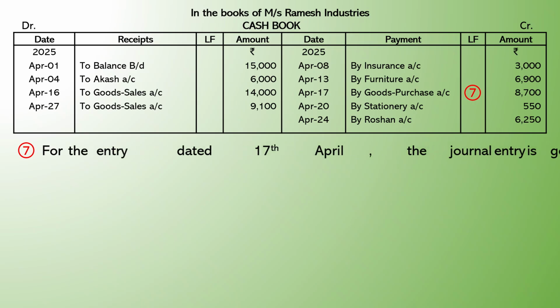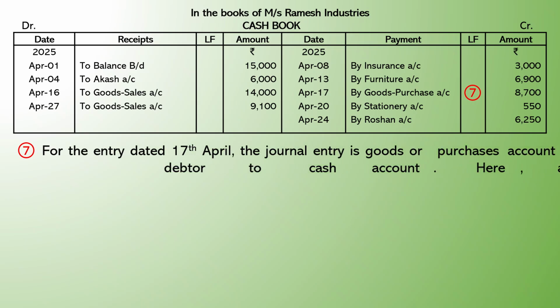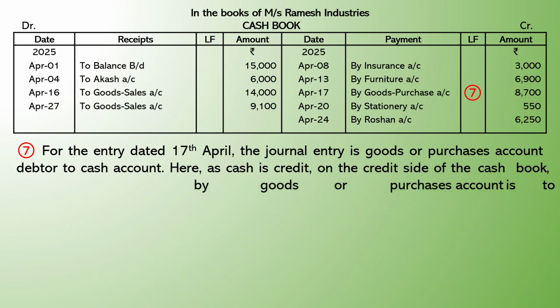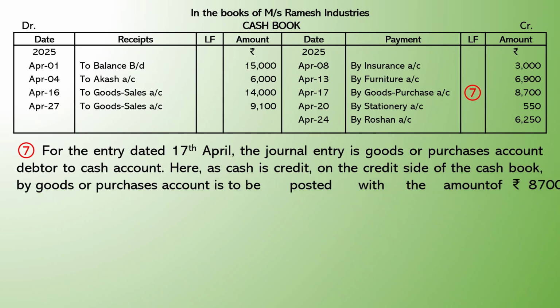For the entry dated 17th April, the journal entry is goods or purchases account debit to cash account. Here, as cash is credit, on the credit side of the cash book, by goods or purchases account is to be posted with the amount of 8700 rupees.